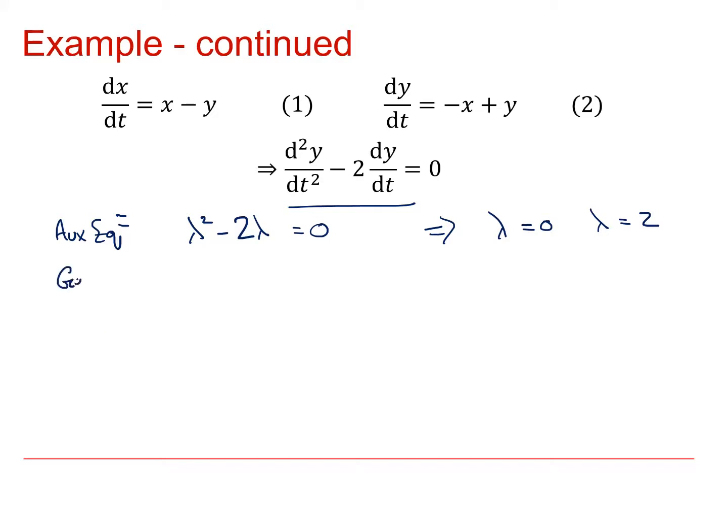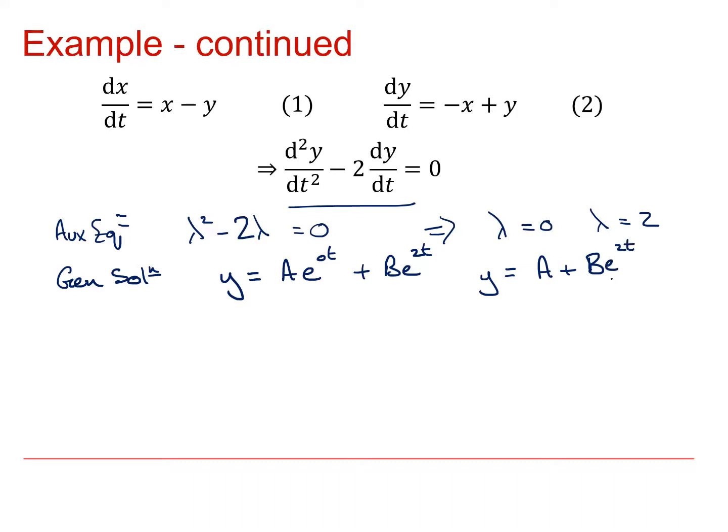And so my general solution for this is y is equal to a e to the 0t plus b e to the 2t. Now we know that this is just going to be 1, so this is in fact going to be y is equal to a plus b e to the 2t.